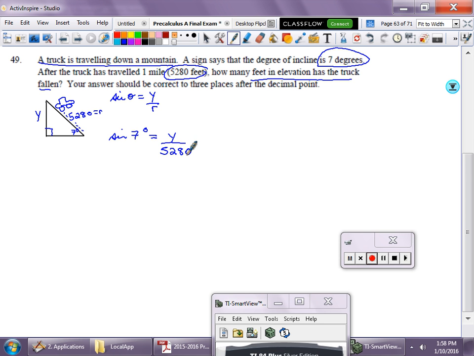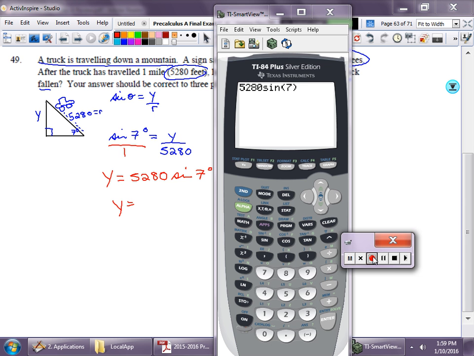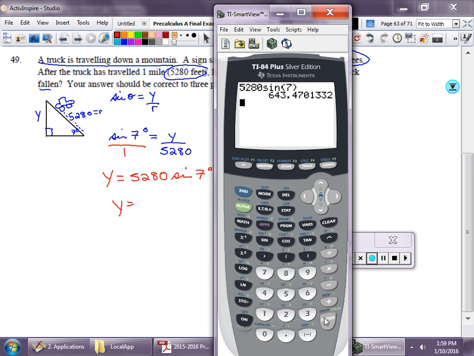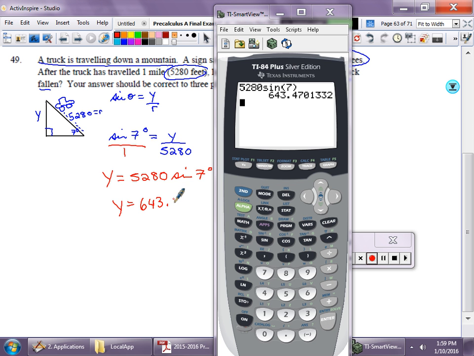Cross multiply to solve. Y equals the constant times sine of 7. Be careful, always remind yourself the constant becomes the coefficient. We did a lot of these. Calculator: 643.470 feet. That's it.